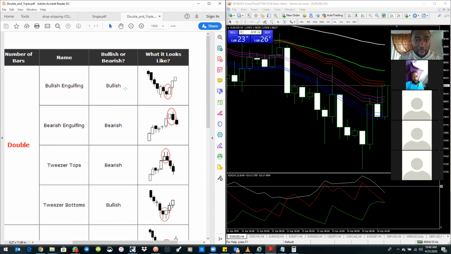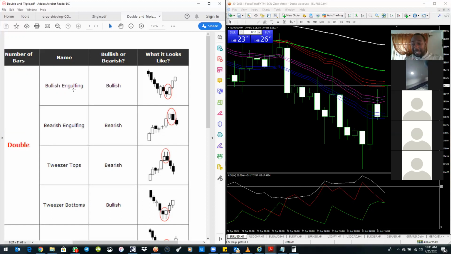The first one is when we have a bullish engulfing candle. A bullish engulfing candle is when you have maybe 1, 2, 3 bullish candles, and then the very next bearish candle is the same size or bigger than the last 3 candles.